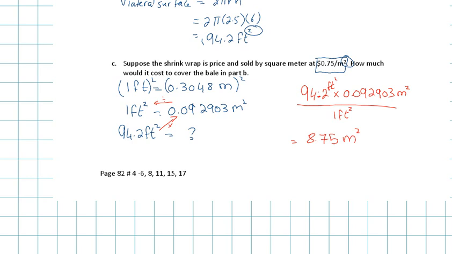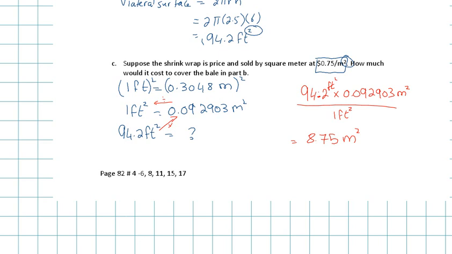How much would that cost? What do I do? Multiply by the price. So when you buy, you probably can't buy 8.75. You have to buy like 9 meters. So we're going to say it's approximately 9 meters squared. That squiggly equal sign means approximately.